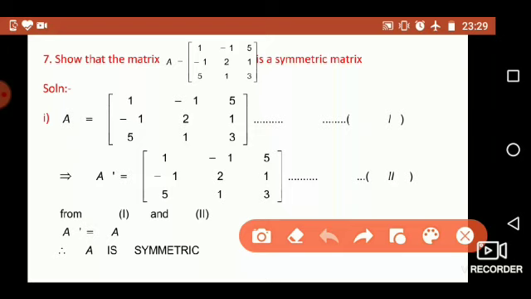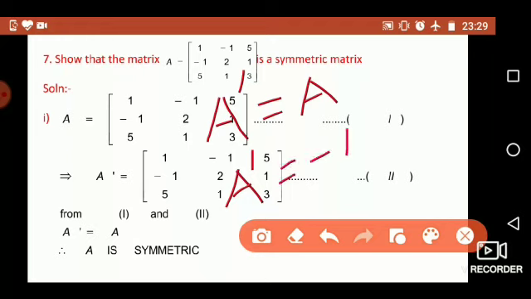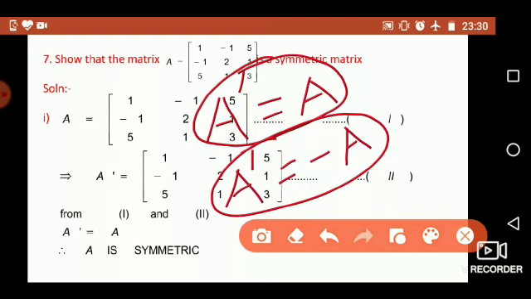The definition of a symmetric matrix is, if A is any square matrix, then A dash is equal to A, then such matrices are called symmetric matrix, and A dash is equal to minus A, such a square matrix is called a skew symmetric matrix. A dash is equal to A is called a symmetric matrix, and A dash is equal to minus A is called a skew symmetric matrix.